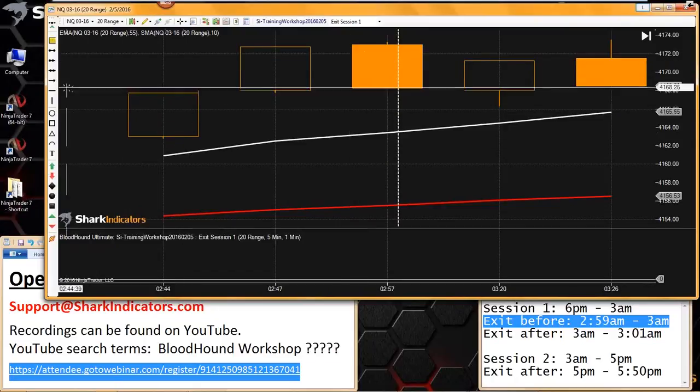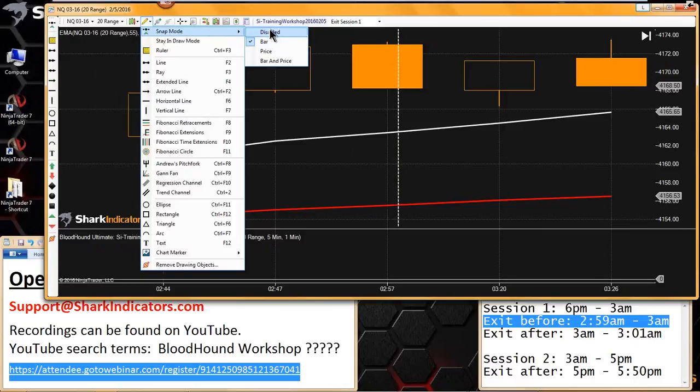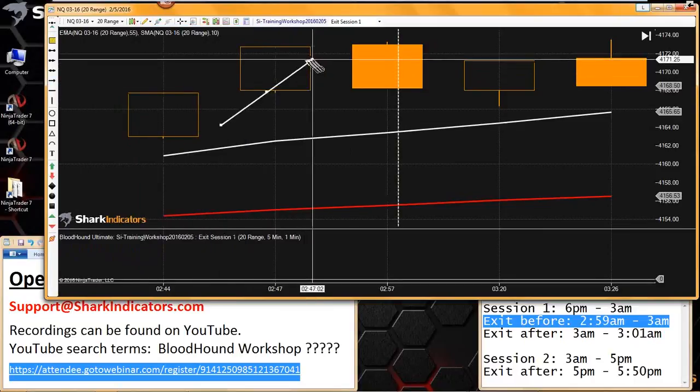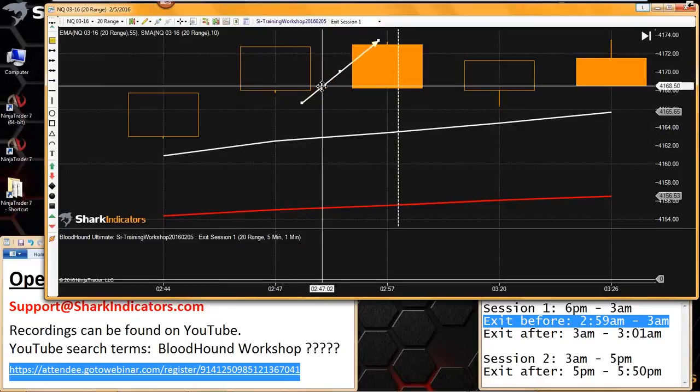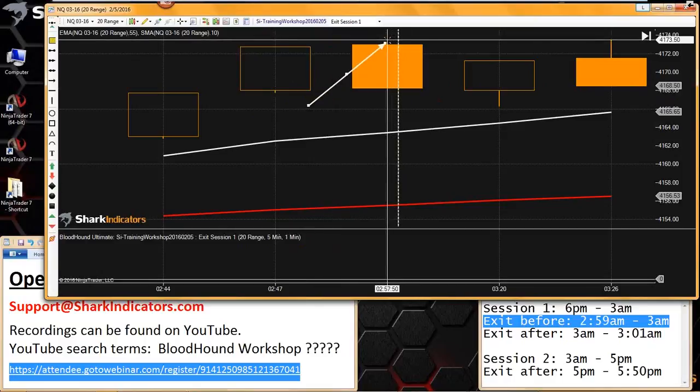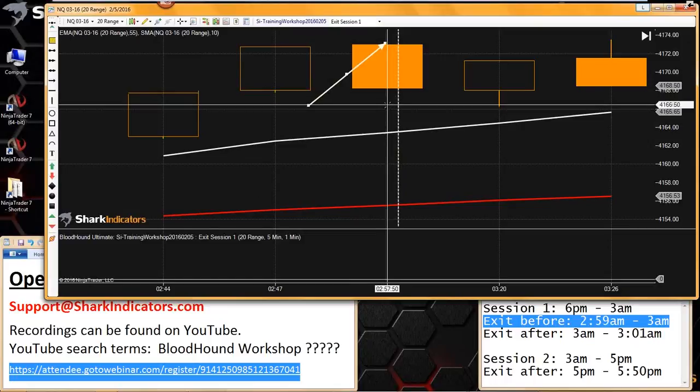So you can see where the wick is. Let me get a little arrow here. You see where the wick is right there? That wick represents when the bar closes. When I put my cursor over the bar, we can see it closed at 2:57 and 50 seconds.